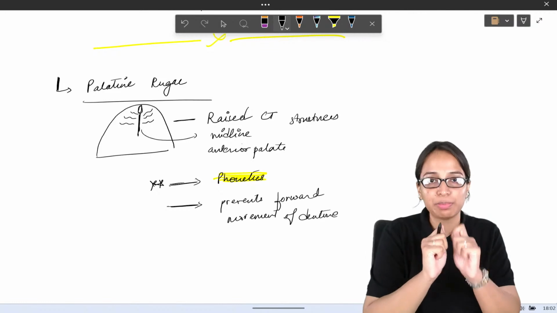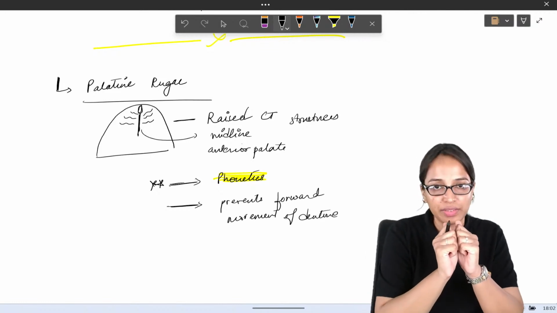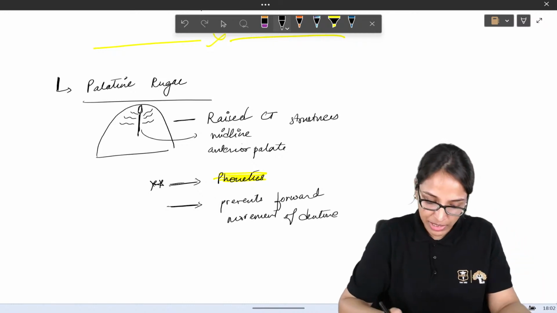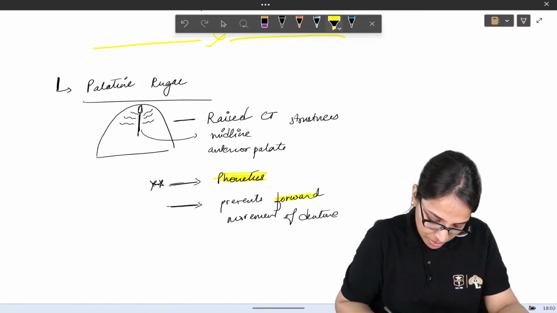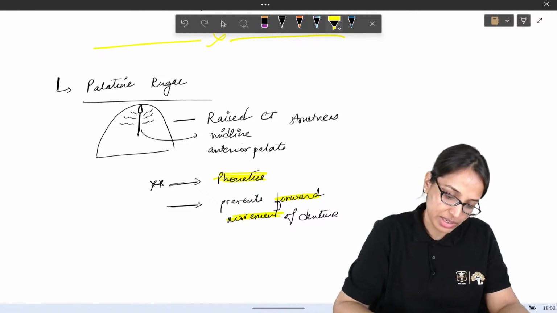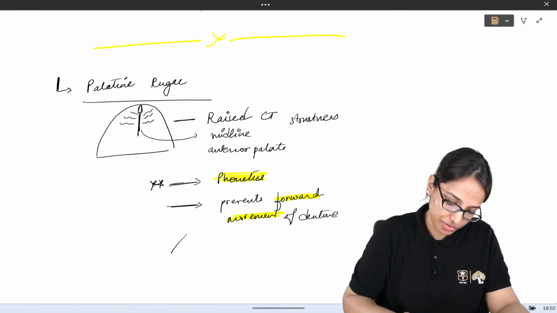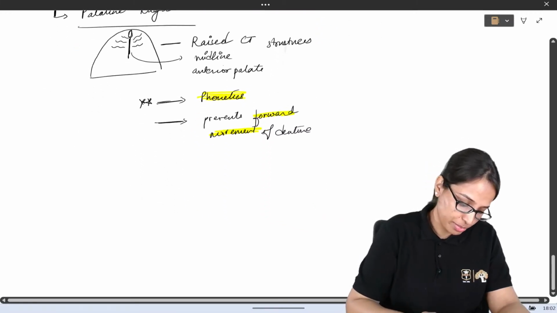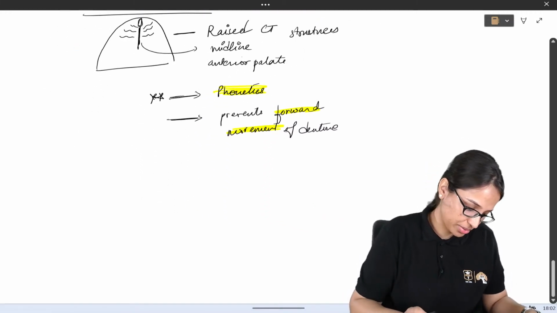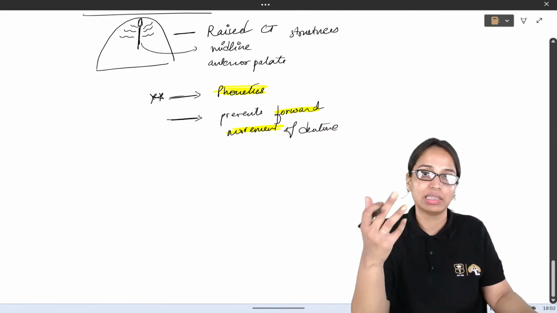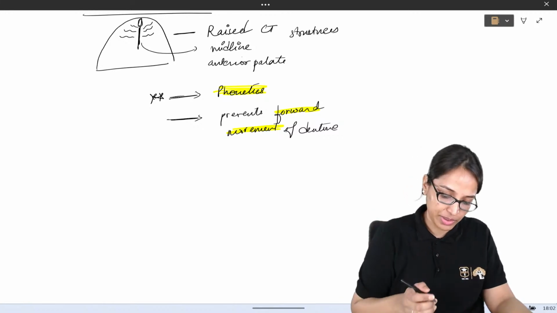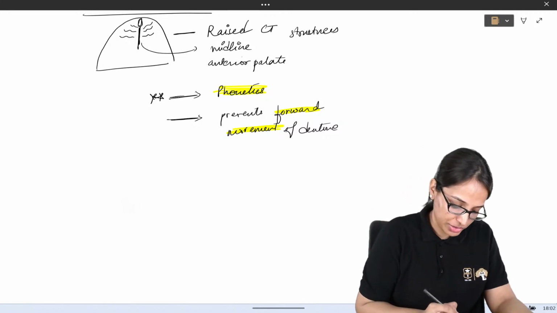So consider them like speed breakers: if the denture tries to slip out of the mouth, the rugae act like a speed breaker and prevent the forward movement of your denture. So two main important aspects of your rugae are that they are important for phonetics as well as for preventing the forward movement of the denture.